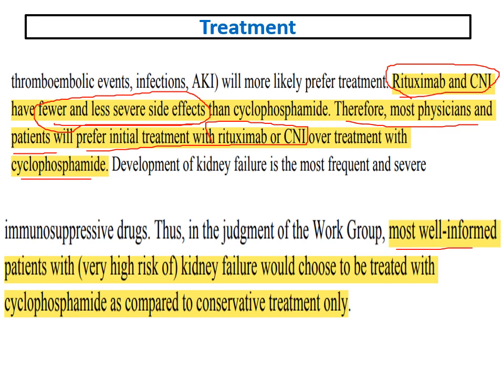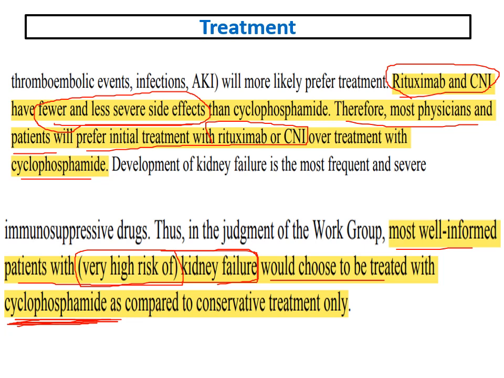But in well-informed patients, only those with a very high risk of kidney failure, the choice would be cyclophosphamide, because there is no evidence that rituximab and CNI have any efficacy in patients with kidney deterioration. So in the very high risk category, cyclophosphamide is the option.